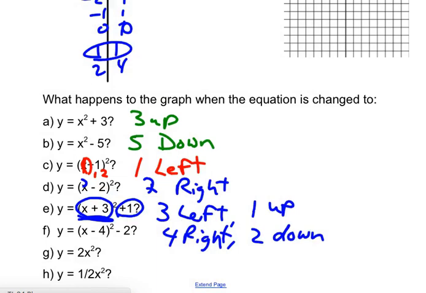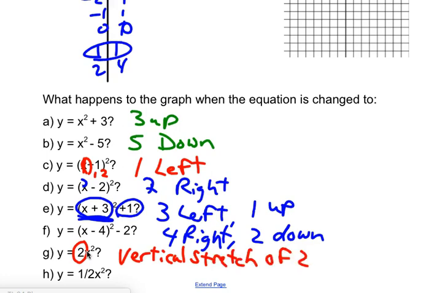Okay, all right, so that's what the add subtract does. That's your left, right, up, down. What if it's multiply? If we go back to the top and go with what I said up there, we realize that when there's a number in front that's bigger than 1, that's called a vertical stretch of 2. And all it does, it changes your y's.